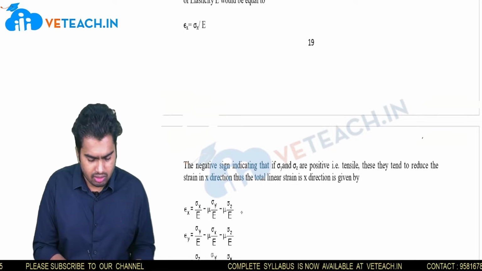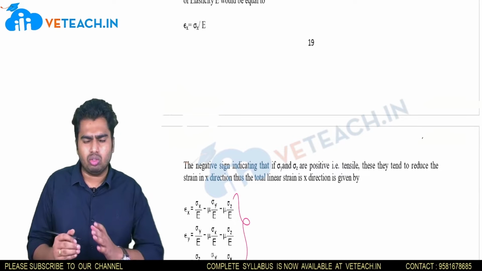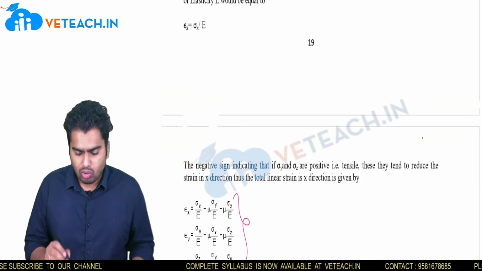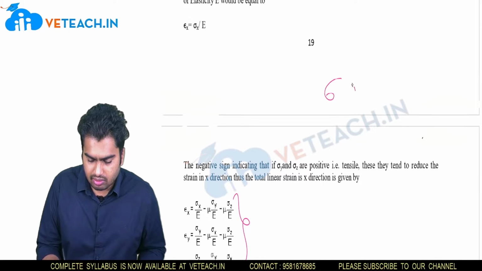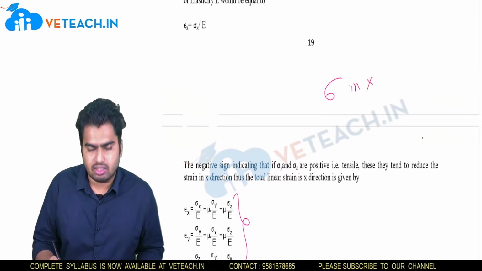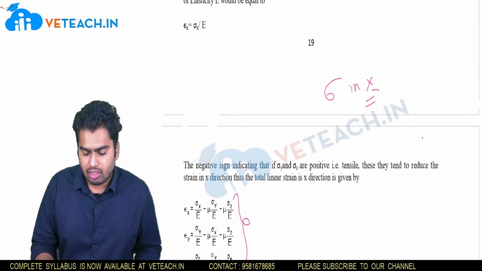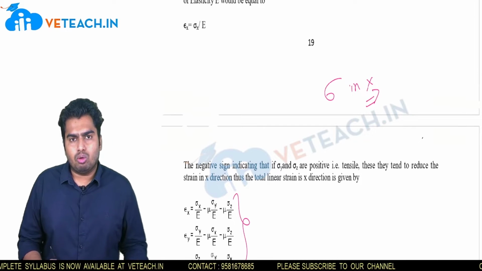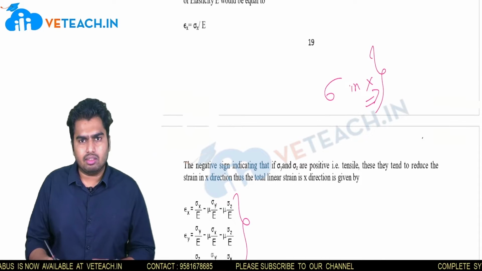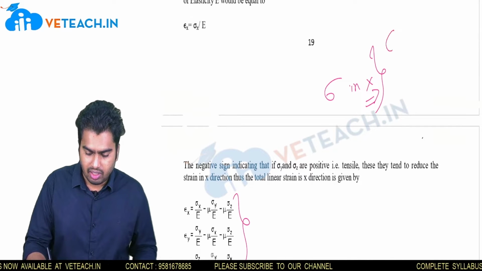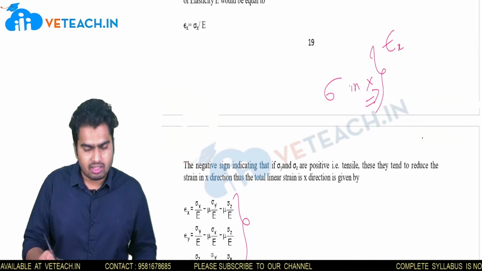This is very easy to remember. If I am applying stress in x direction, what is going to happen? Because of this stress in x direction, I get a strain in x direction.